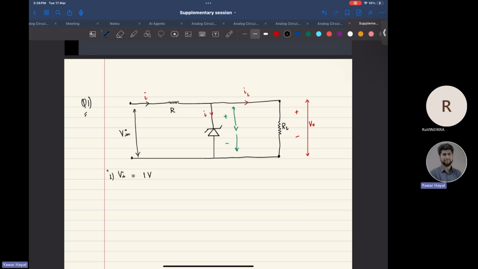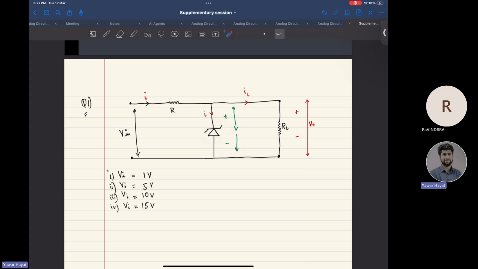Let's say if it's 1 volt, 5 volt, 10 volt, 15 volt. Fine. And this is your Zener diode.